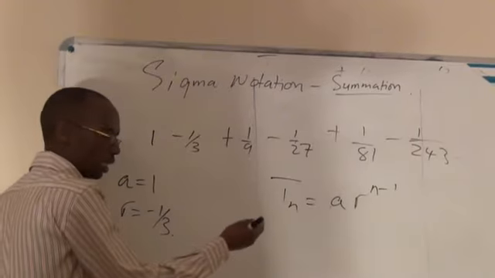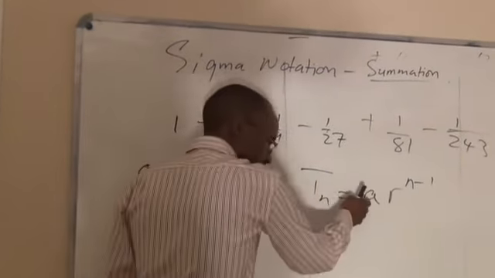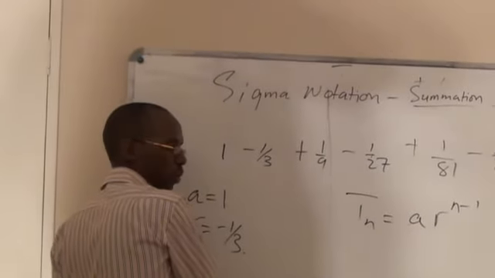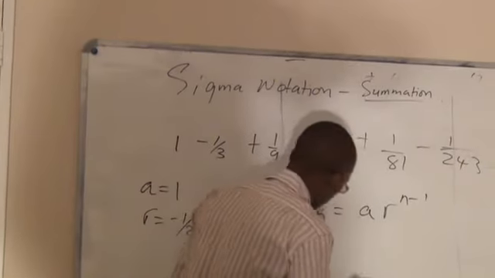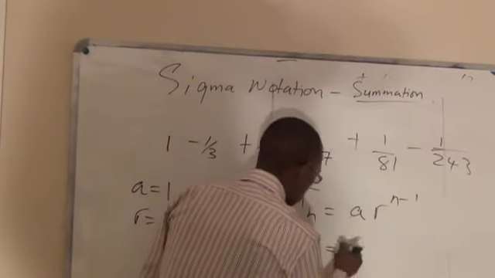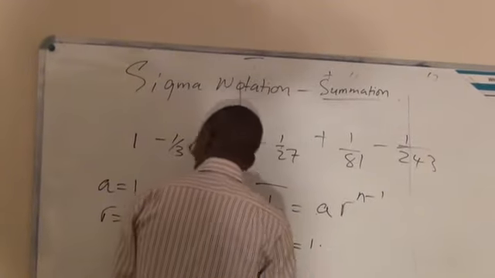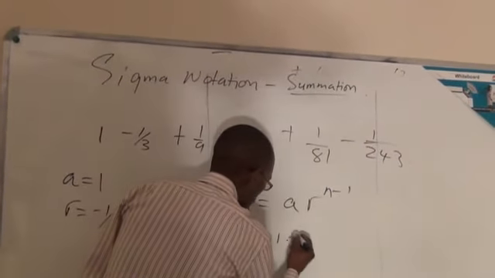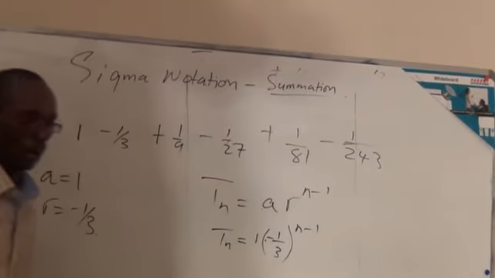Of course, it's easy. We can see that A is equal to 1 and R is equal to minus 1 over 3. So Tn is equal to A, which is 1, times R, which is minus 1 over 3 in brackets, to the power n minus 1.